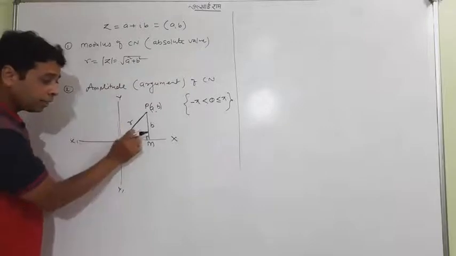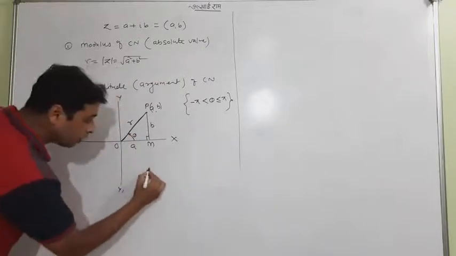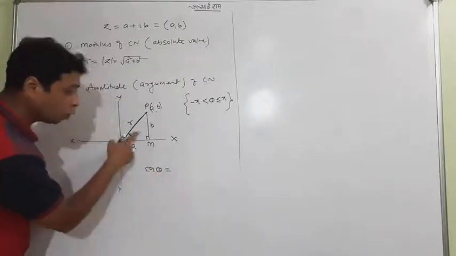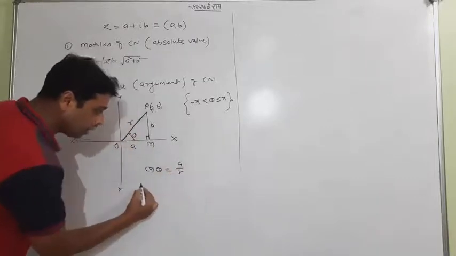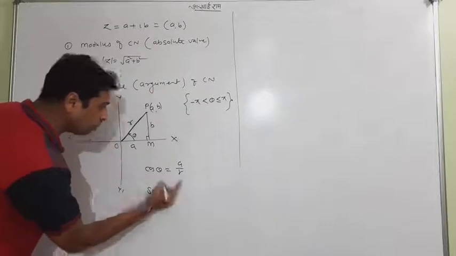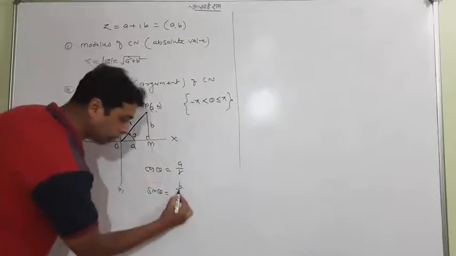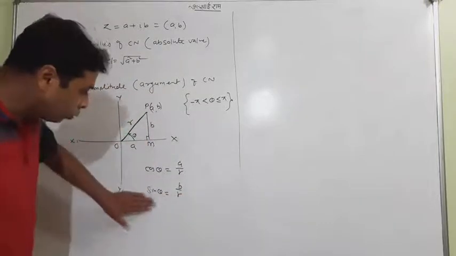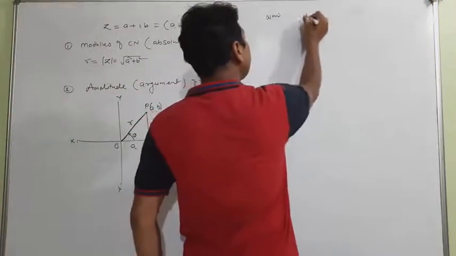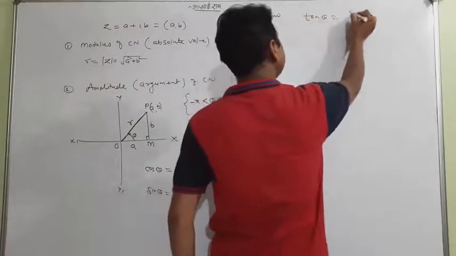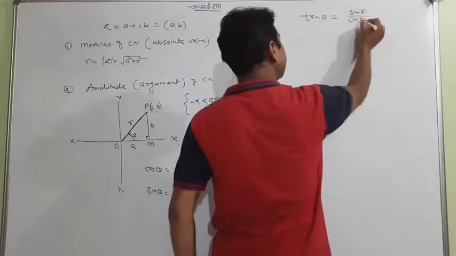So how can we find theta? Look. First I'll go with cos theta. You know that I taught you yesterday, cos means base upon hypotenuse, A upon R. Then sine theta. Students, sine theta means perpendicular upon hypotenuse, B by R. Now find tan theta. Tan theta means sine theta upon cos theta.